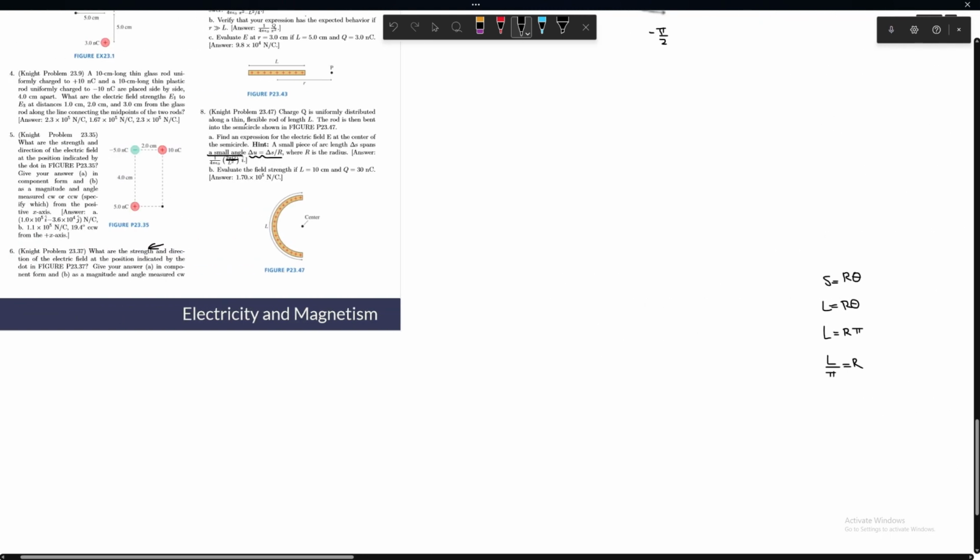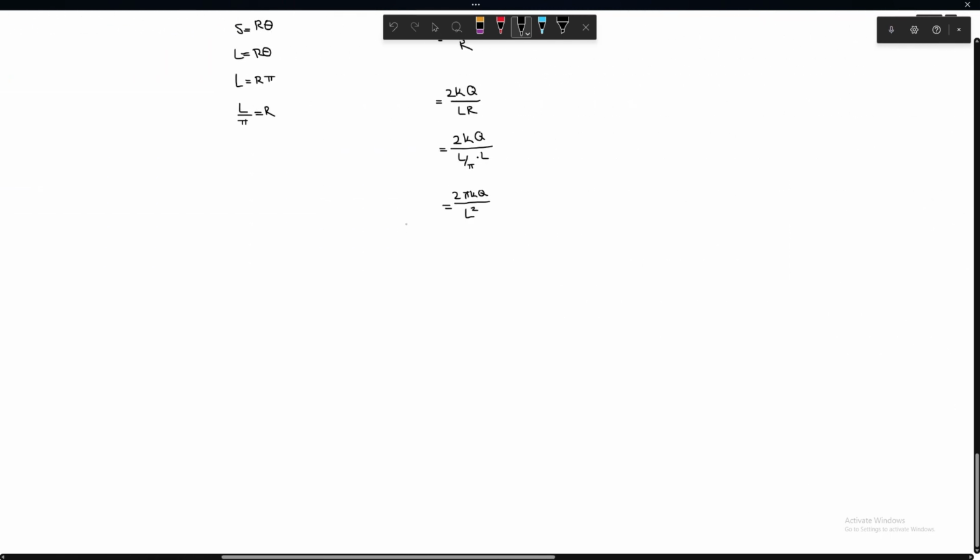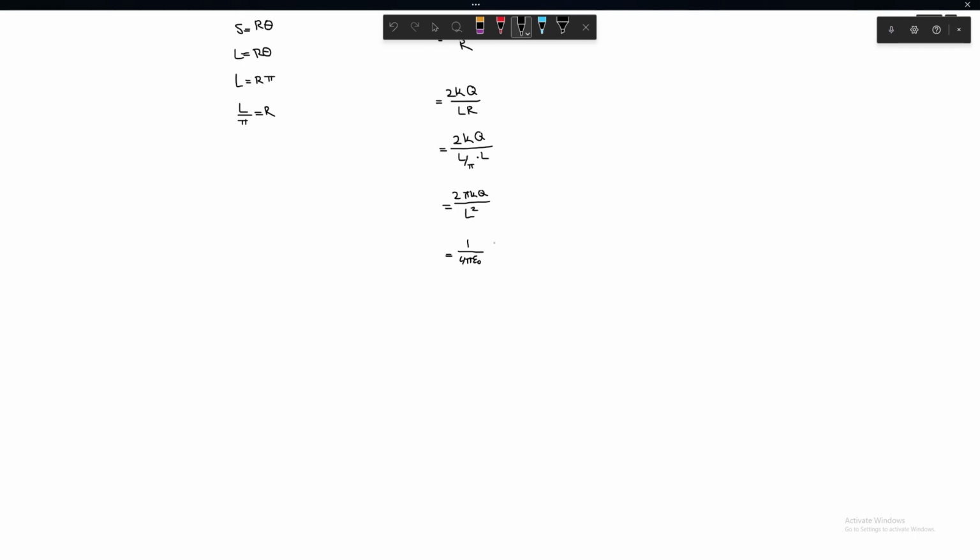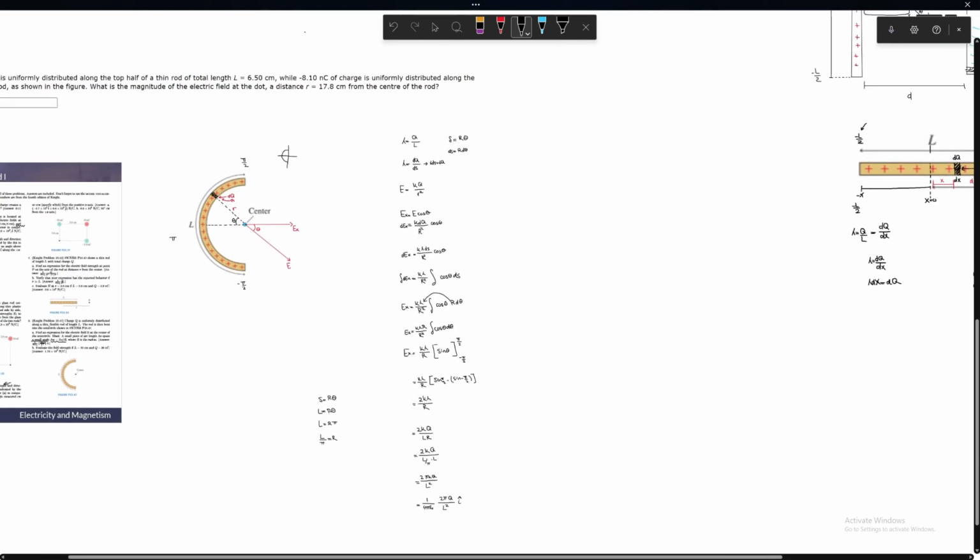And we have k on the outside. And so if I rewrite this in their terms, this would be 1 over 4 pi epsilon naught. And I'll have 2 pi q all over l squared in the x direction. And that is how you solve this equation. A little bit lengthy, but not too bad.